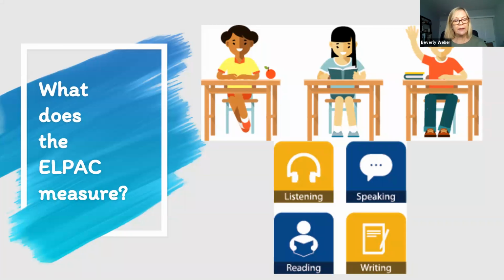We have talked about what the LPAC is and why we have it, but what does the LPAC measure? The LPAC is the test that is used to measure how well California students understand English.